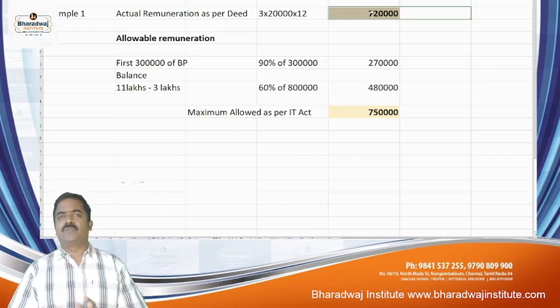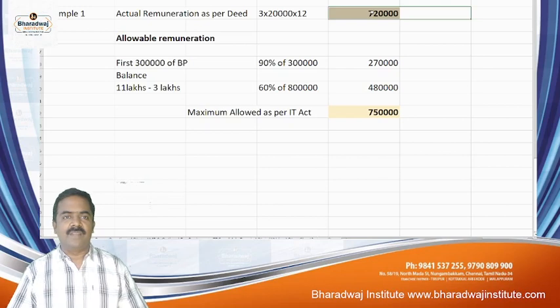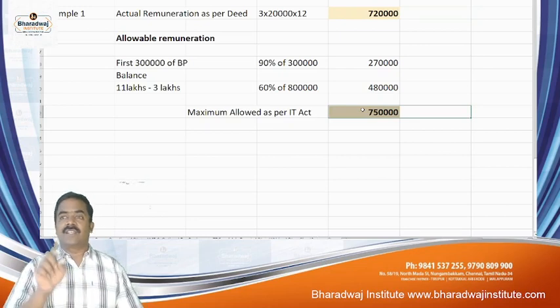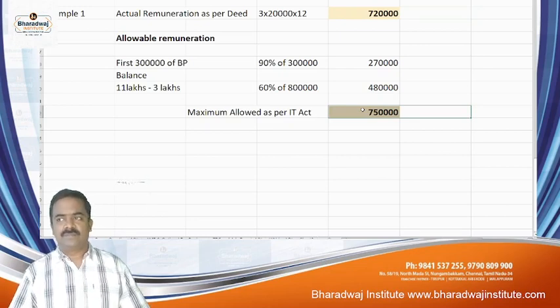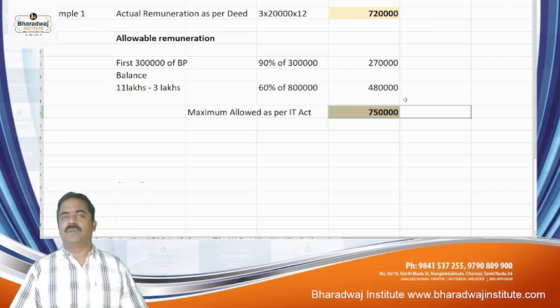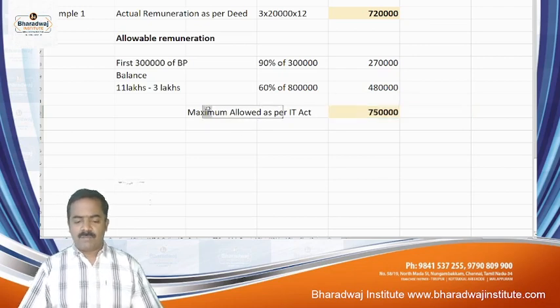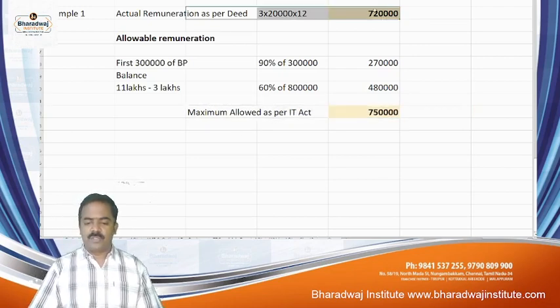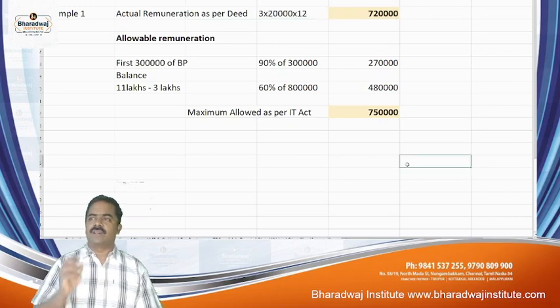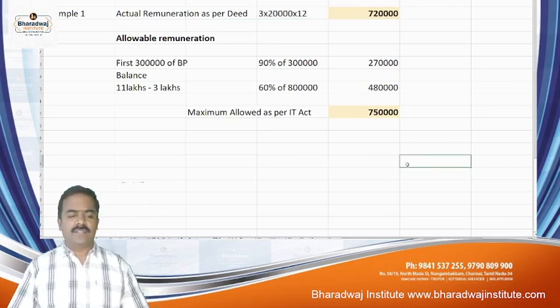Otherwise, what your firm has actually paid, 7,50,000 or 7,20,000? 7,20,000, so you can claim that as an expense, no problem. Suppose allowable remuneration is only 7 lakhs, then what would you have done? Then in that case, only 7 lakhs can be claimed. So here, maximum is 7,50,000, actual is only 7,20,000. That 7,20,000 can be claimed as a deduction.